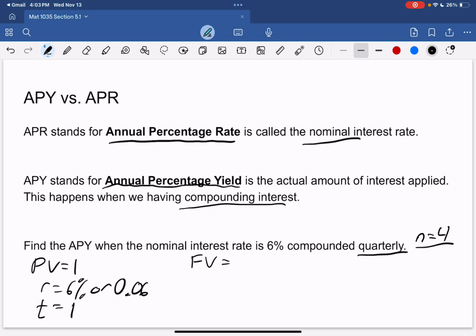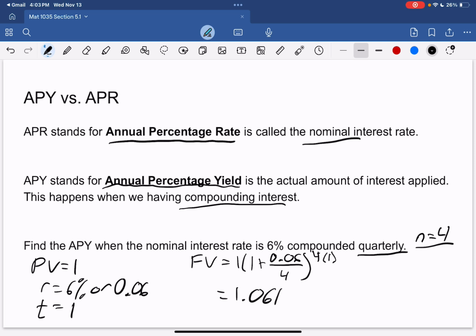So essentially what I'm going to find here is my future value. I'm going to let PV be 1 times 1 plus R, which is 0.06, over N, which is 4, raised to the N times T, which is 1. Okay. So I'll plug that in the calculator, and I get 1.061.